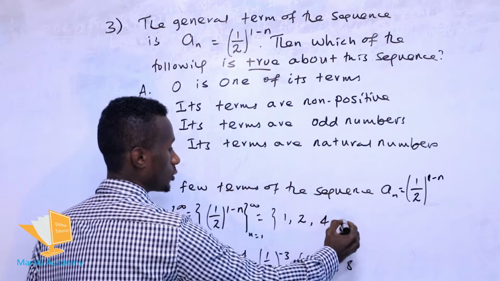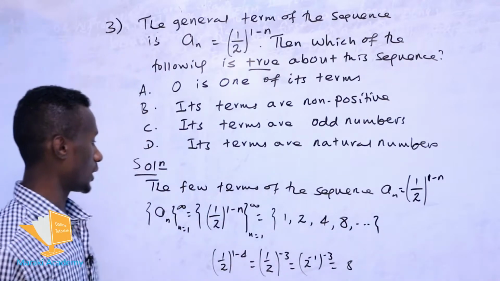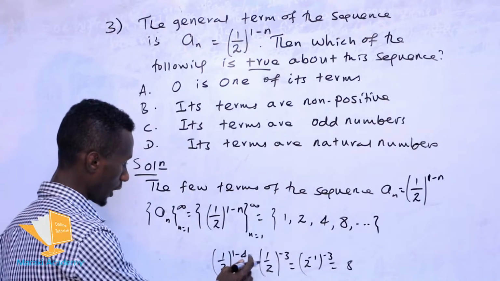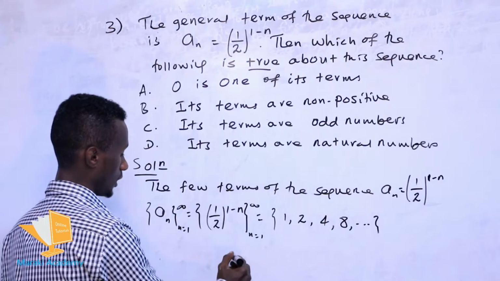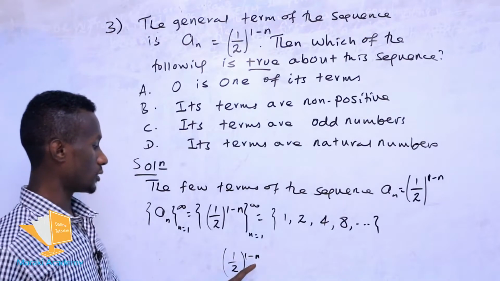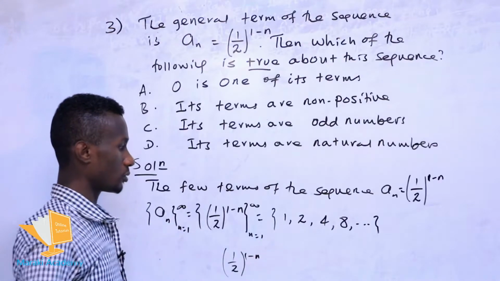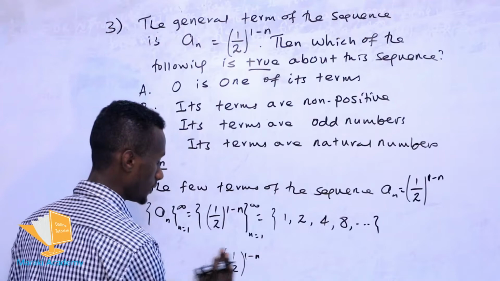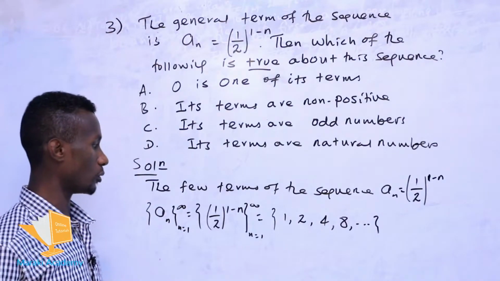The terms continue in this way. Looking at the terms, for any n, (1/2)^(1 minus n) is, for any natural number, a positive value, so all terms become positive. Each term is a positive term.